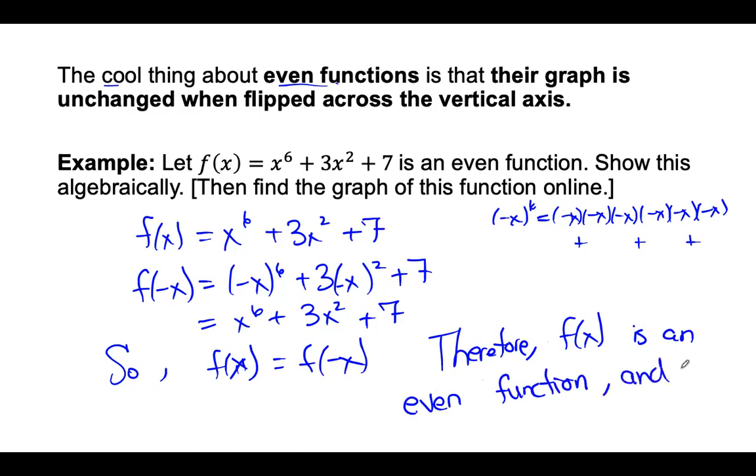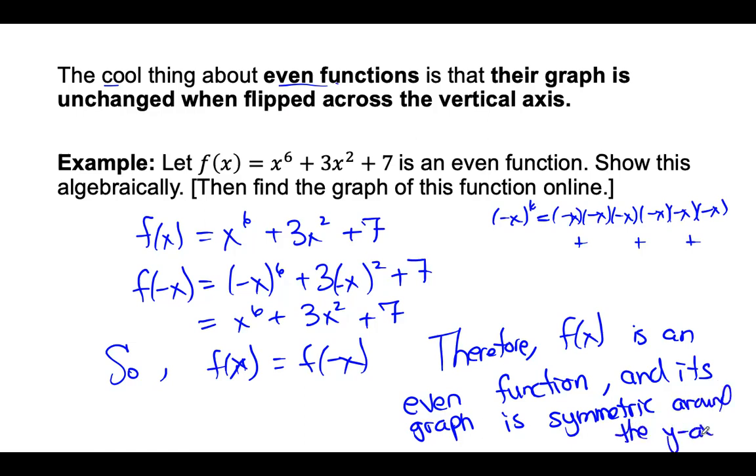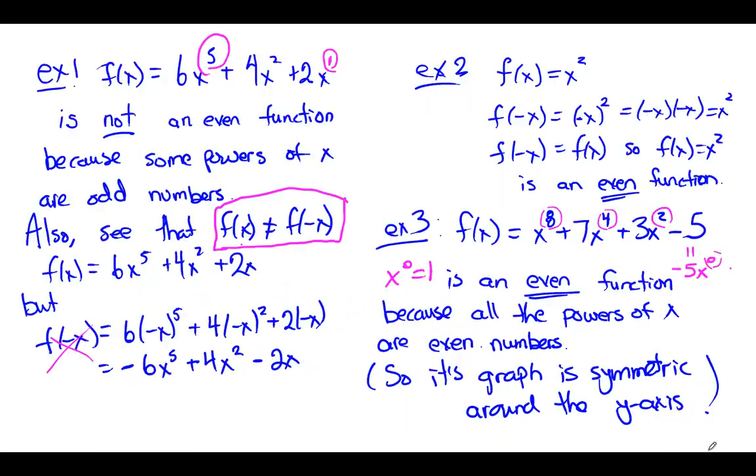And its graph is symmetric around the y-axis. And back to that symmetry property in this x squared, remember our parabola here, this was symmetric around that y-axis, so this was even.